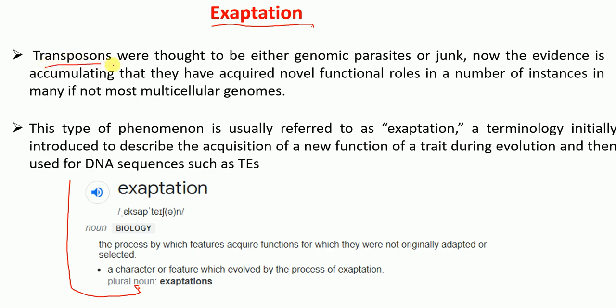Transposons were initially thought to be either genomic parasites or junk, but now evidence is accumulating that they have acquired novel functional roles in a number of instances in many, if not most, multicellular genomes.